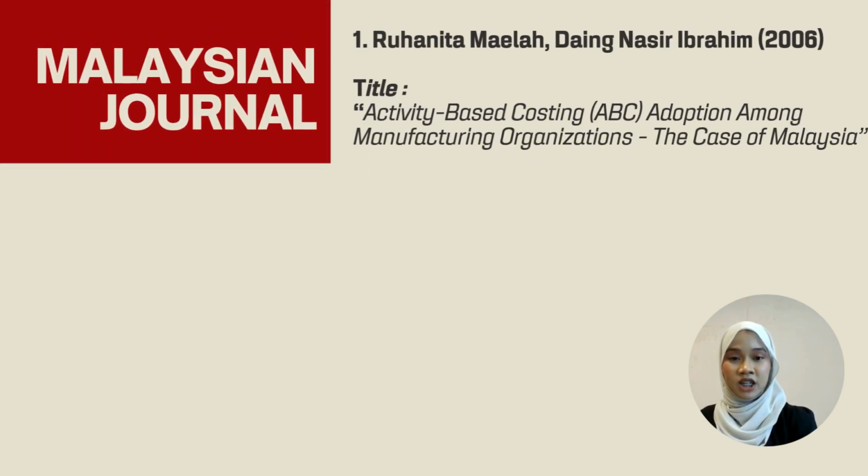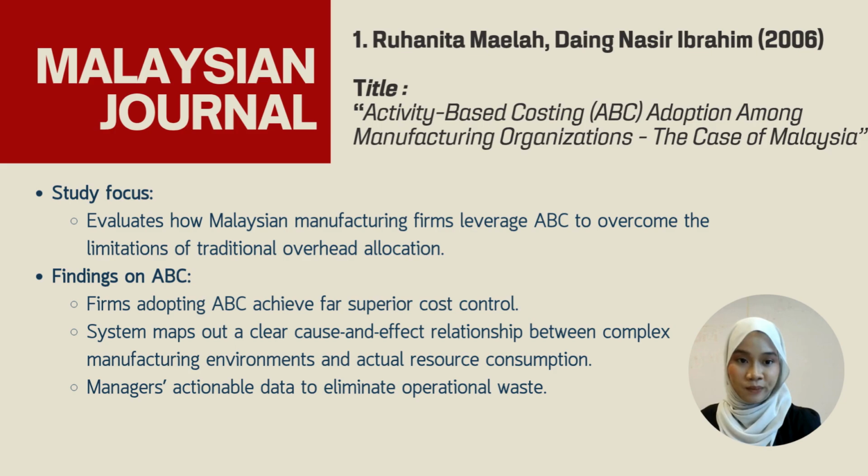Here are three Malaysian journals that show the benefits of ABC in improving cost control. The first journal is titled Activity-Based Costing Adoption Among Manufacturing Organisations: The Case of Malaysia. This study evaluates how Malaysian manufacturing firms leverage ABC to overcome the limitations of traditional overhead allocation.